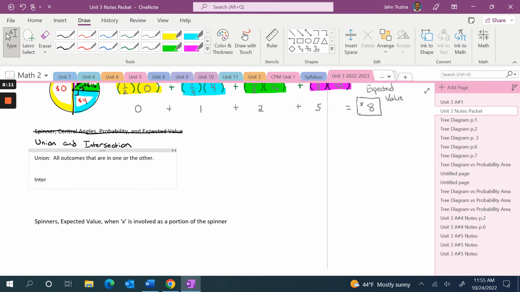Give you a definition of intersection. Then I'm going to give you an example of each one. Intersection is all outcomes that are in both. Okay?